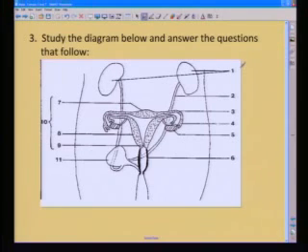So let's label. That would be the kidneys. And it's both kidneys, so don't just write kidney, it's the kidneys. Then 2 is the ureter, and it's not ureters because it's not pointing to both, only to one. Then number 3, those are our fallopian tubes.